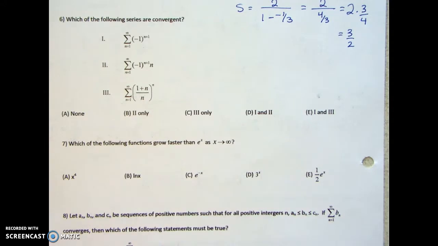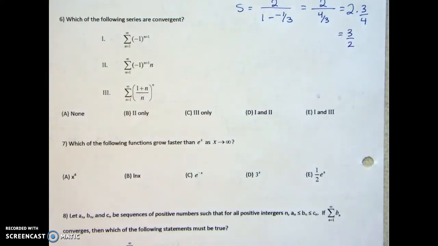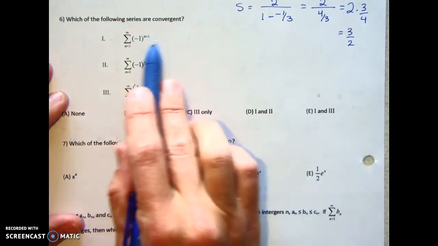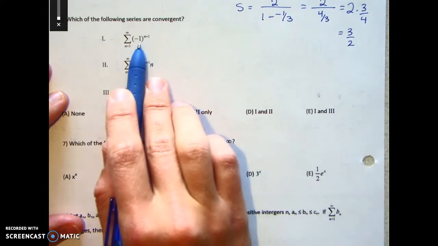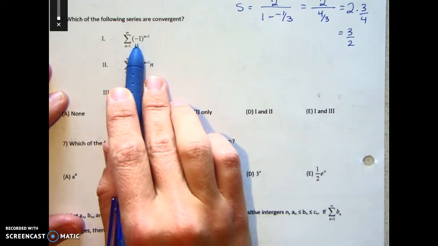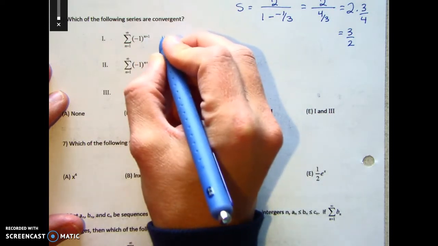Which of the following series is convergent? Even though we spent so much time memorizing all of these wonderful tests, sometimes you can just write it out to see if it's convergent or not. So if we have -1 and n equals 1, -1 squared would be 1.